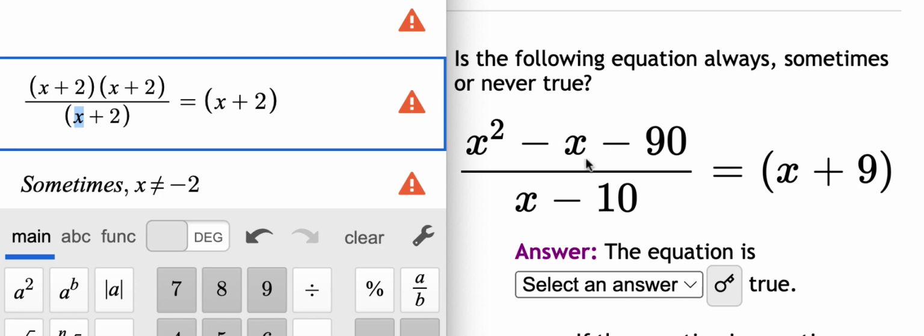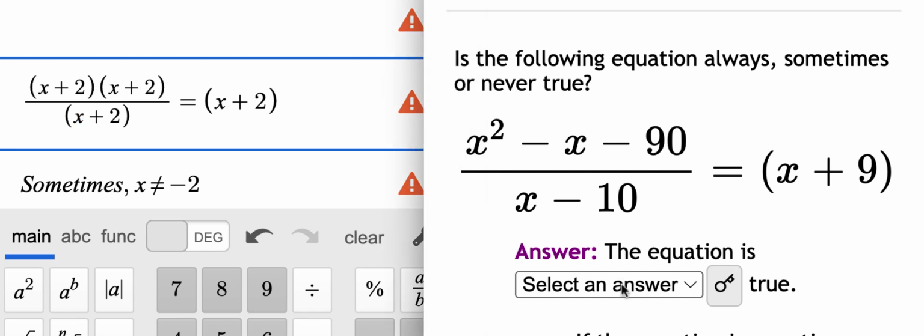Now as you look at this example over here, you're going to see that it says x squared plus or minus x minus 90. If you factor this, you're going to end up getting x minus 10 times x plus 9. Then the x minus 10s will cross out, leaving you with just x plus 9 equals x plus 9. Again, as you factor this out and things reduce, we have an infinite solution situation. However, we cannot have x equals 10.